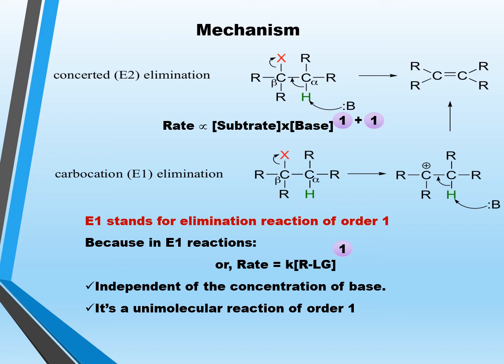So the best evidence to see that this is E1 reaction is also to look at the rate, and the rate is proportional to only the concentration of the substrate and is independent of the concentration of the base. It's unimolecular because the rate contains the concentration of one reagent.